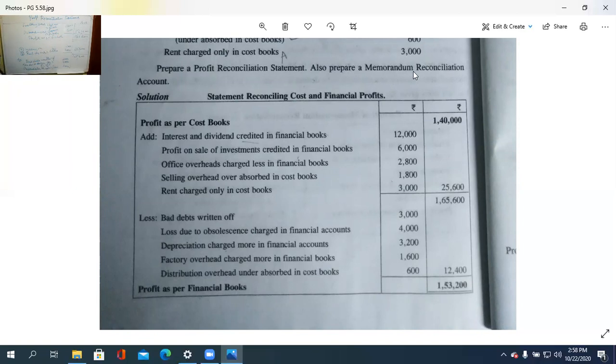Then, if we are taking from this 153,200, those items deducted are to be added, and those items added to be deducted, while reaching what? 1,40,000 as the profit. Case. If we are taking the financial profit, then those items deducted should be added, and those items added should be deducted to reach the costing profit.